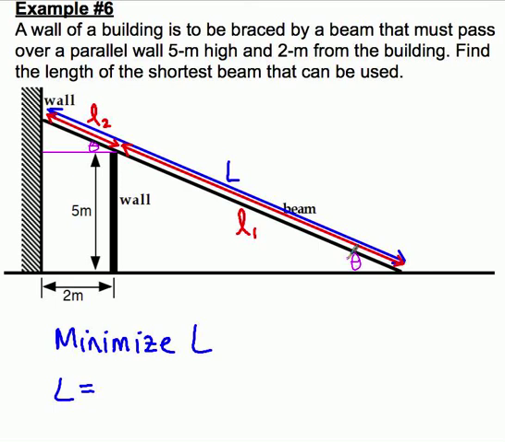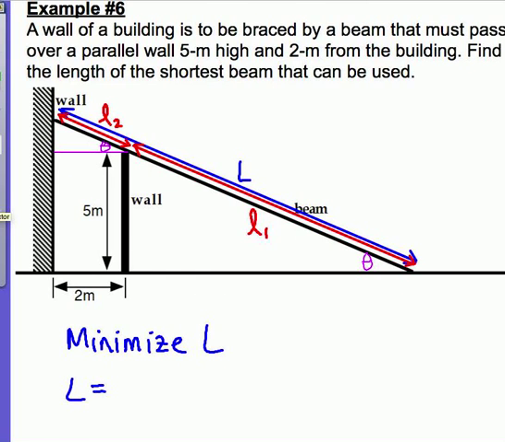Now I can use those angles and my lengths with some trigonometry to come up with what I actually need in order to get this equation for L in terms of a single variable. Looking first at this triangle, this side is the opposite side, given that this is my angle theta. This is the hypotenuse, and I know that opposite over hypotenuse is the sine of the angle.